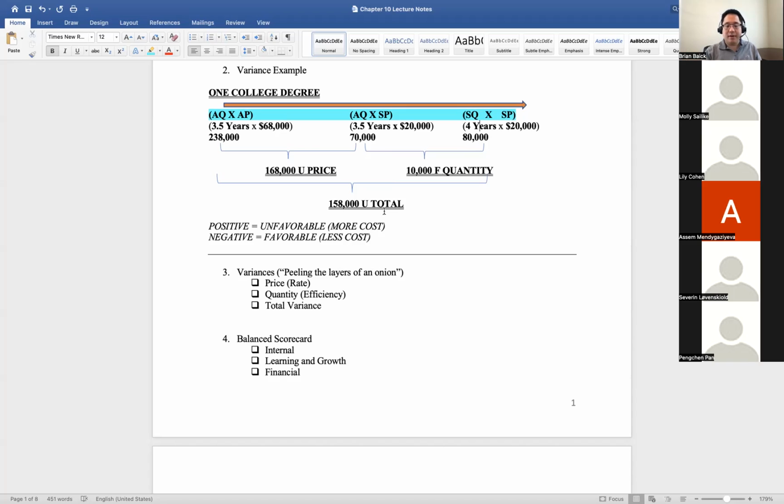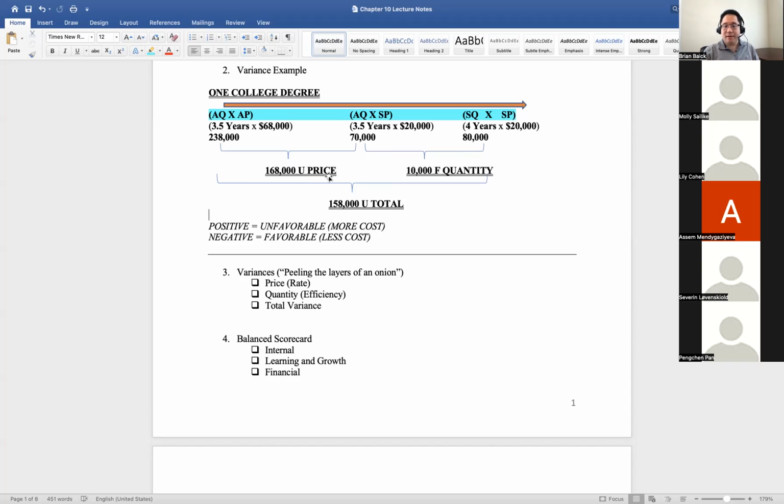But there's more to the story. The reason why I am $158,000 over budget is because, first of all, the price is much more than I expected. Because the price actually is more than I expected, I have a $168,000 unfavorable price variance.